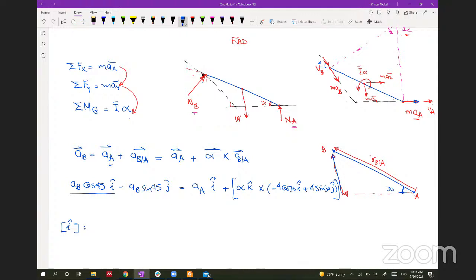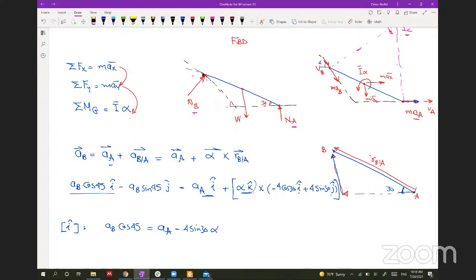So in the I hat, we have AB cosine 45. What else? We have AA, sorry, this is on the other side, the acceleration at A here. And let's see what we have in the I hat direction. If you multiply K hat by I hat, it will give you a component in the J direction. But K multiplied by J will give you minus 4 sine 30 multiplied by alpha in the I hat direction.